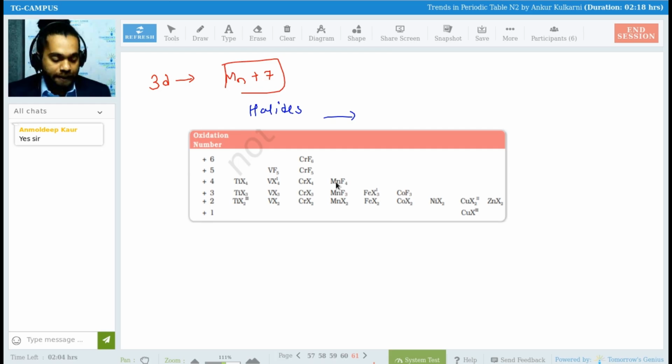Come on, write it down. In the metal halides, chromium shows the maximum oxidation state of +6, and write it down over there, CrF6.